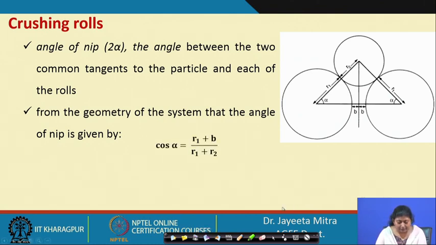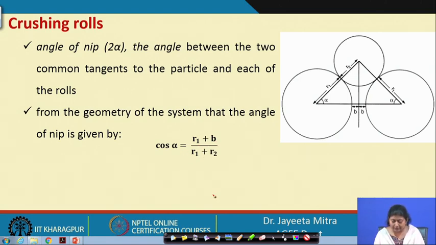Now, from the geometry of the system, we want to calculate the value of the angle alpha. So, if we take cos alpha, it will be r1 plus b divided by r1 plus r2.